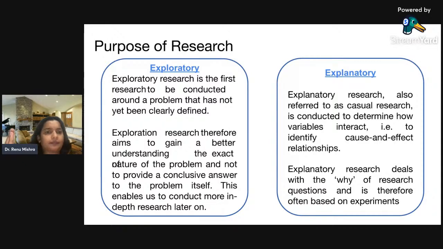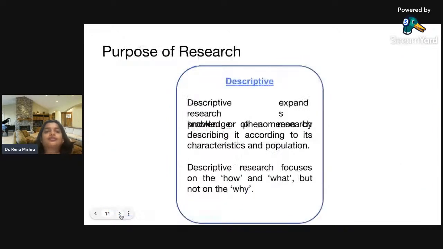Explanatory will say why. Why exactly? What aspects of digital marketing are getting an influence from AI? That we will know from explanatory research. So you come across related research questions and objectives.